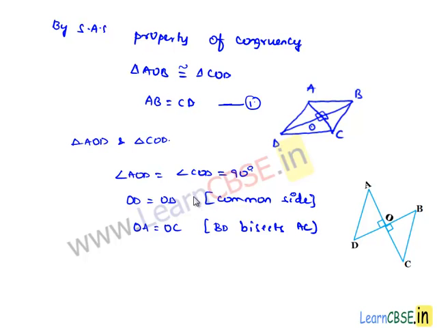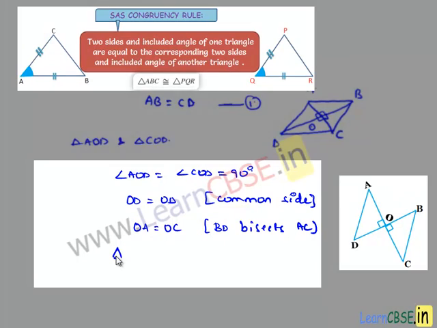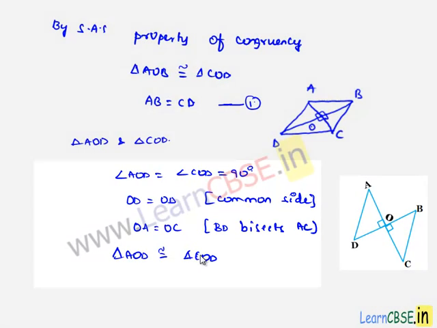So here one angle and two sides of the triangles AOD and COD are correspondingly equal, we can say triangle AOD is congruent to triangle COD. When two triangles are congruent, then their corresponding sides and corresponding angles can be equated. So here let us equate AD is equal to CD. Let us name it as equation number 2.